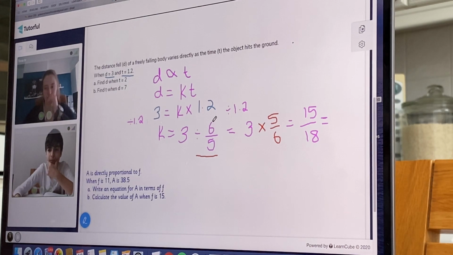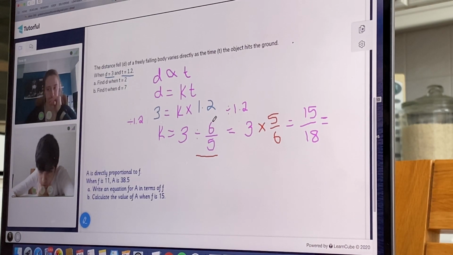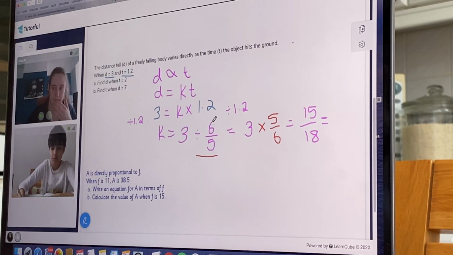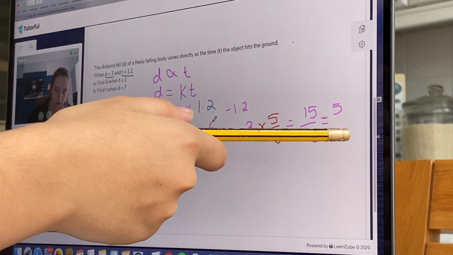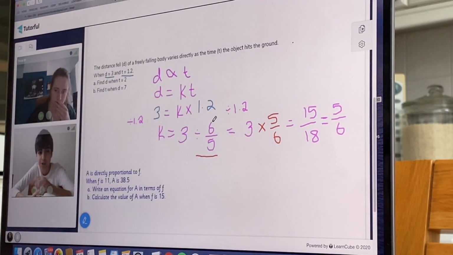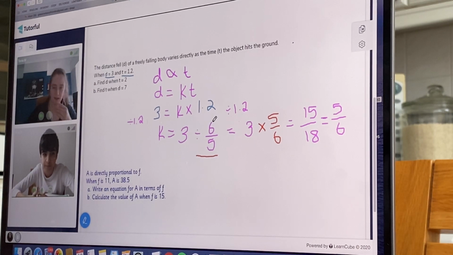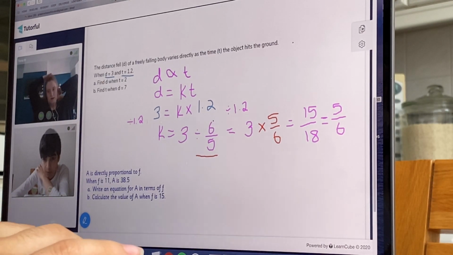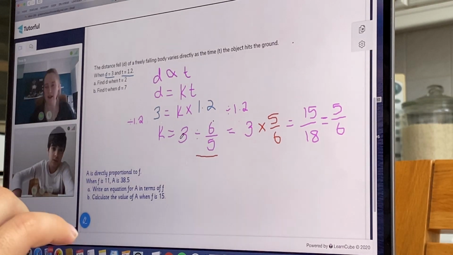Yes, 3 goes into it, and then we get 5/6. And we got it the same as at the start. Wait, does that make sense? 3 divided by 6/5, we got our original answer. Yeah, that's what I'm thinking. That seems strange.